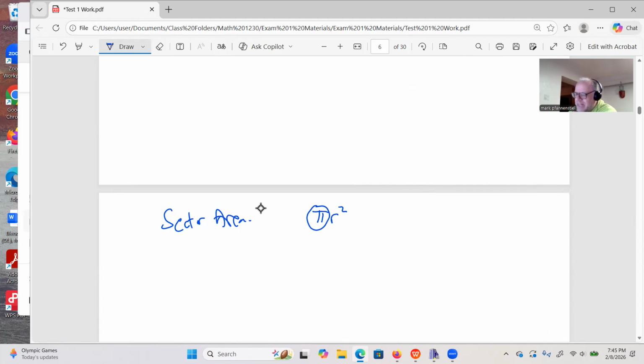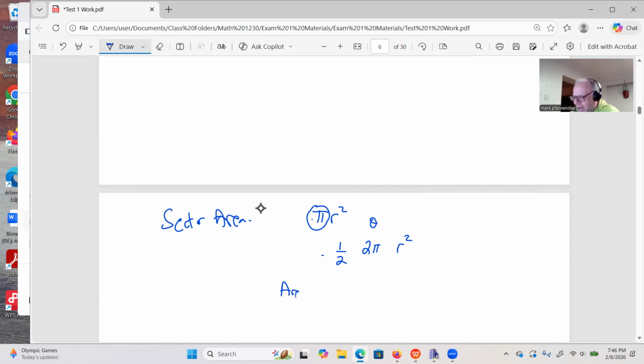The pi is how many revolutions around a circle, what angle we are for a whole circle, and it's 2 pi as my theta, so it's 2 pi r squared. But I don't really want 2 pi, so if I do a 1/2, the twos will cancel, and we'll end up with pi r squared.